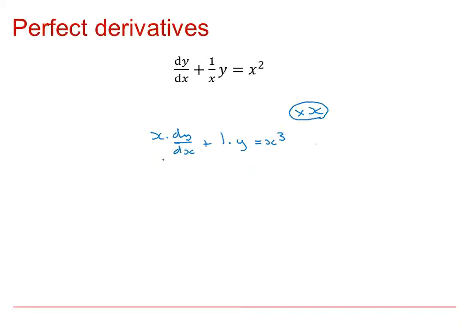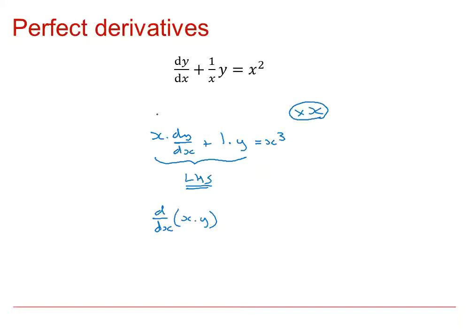Particularly if you look at this left hand side, you may have seen things like this before when you've done implicit differentiation of a product. In fact, this left hand side is the derivative of a product, and that product would be x times y.